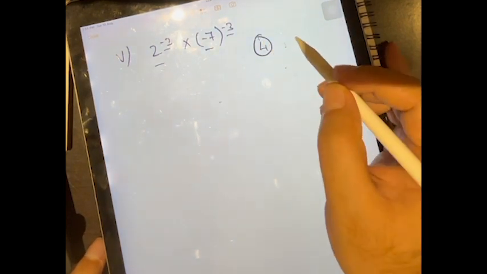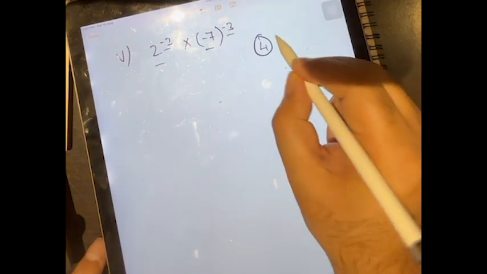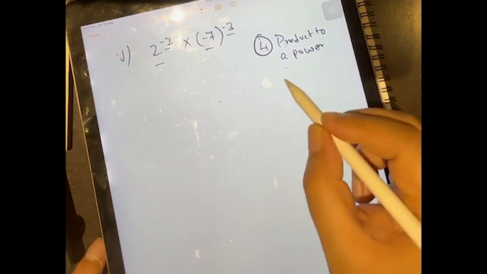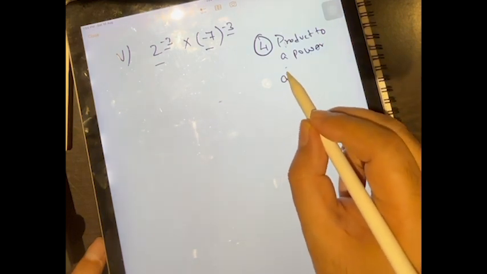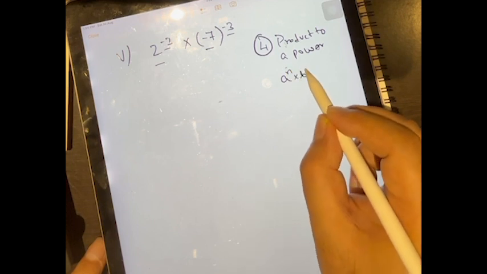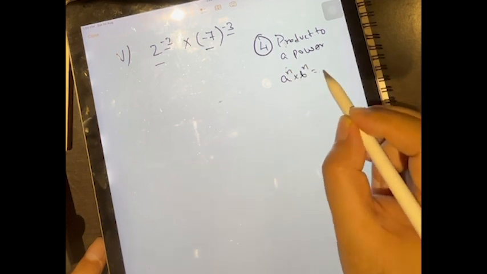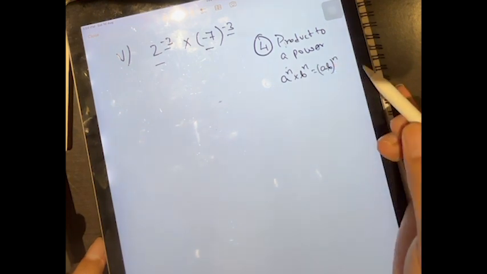Law number 4, as per our video, says product to a power: a raised to the power of n multiplied by b raised to the power of n is equal to a b raised to the power of n.